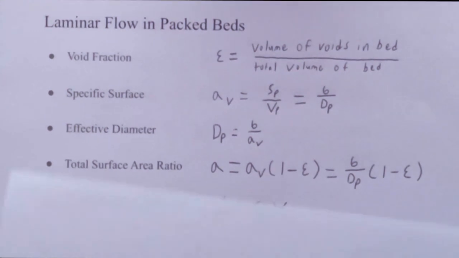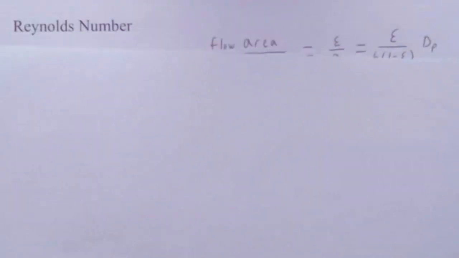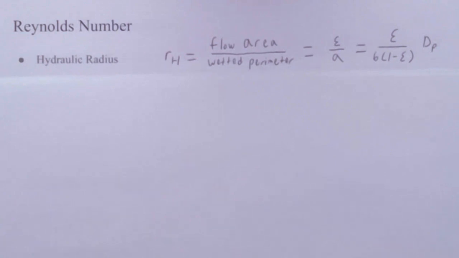To define the Reynolds number of a packed bed, we must first define the hydraulic radius, RH, as the ratio of the flow area of the bed to the wetted perimeter of the particles in the bed. This is also equivalent to the void fraction over the total surface area ratio.